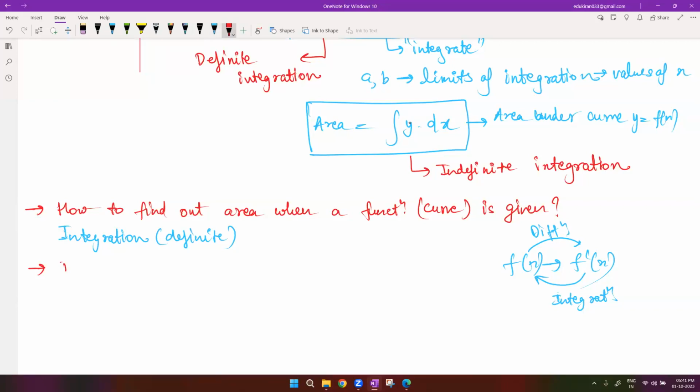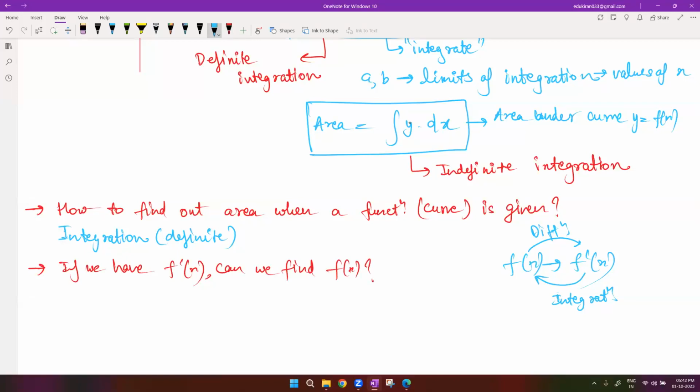So the second question is, if we have f'(x), by the way, this particular application is the next chapter, actually, area under curves. I will write it in a minute. So if we have f'(x), can we find f(x)?